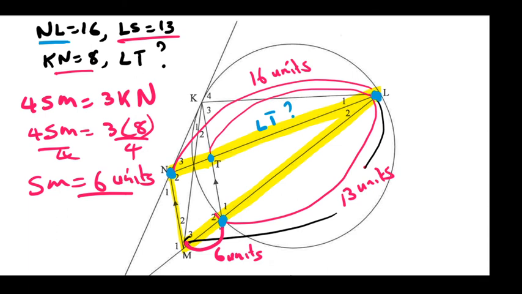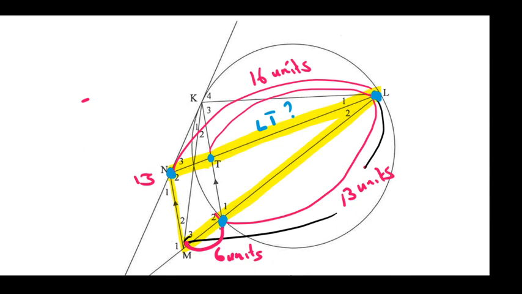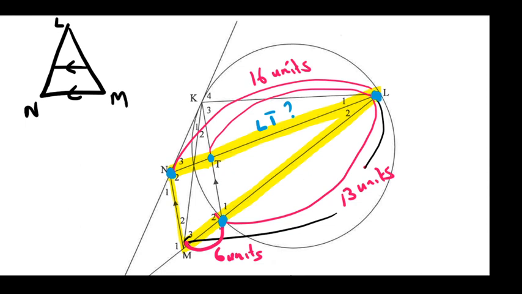We just need LT, so let me just remove this and show you what I'm talking about here. So if you just look at the triangle in this sense, and this is parallel to this, here it's L, here it's N, here it's M, right?